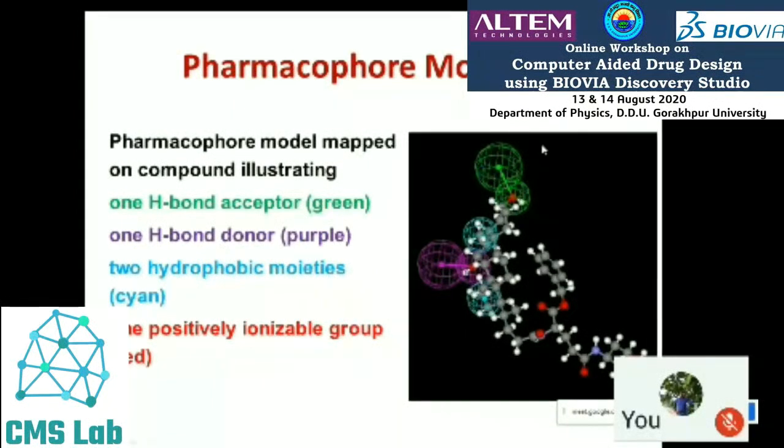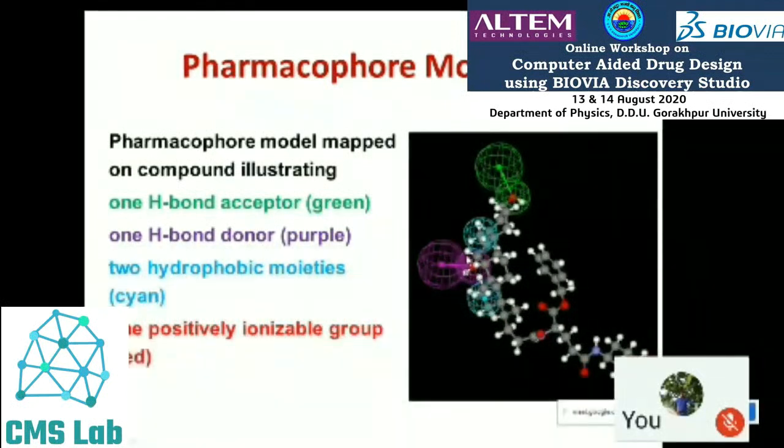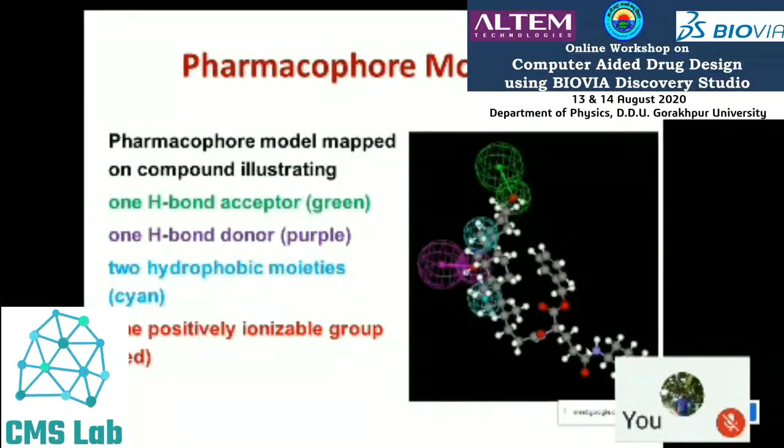If you see the pharmacophore here on the right-hand side, it has one hydrogen bond acceptor in green and one hydrogen bond donor in purple. It has two hydrophobic moieties and one positively ionizable charge group. So in ligand-based drug design, you can use QSAR modeling and pharmacophore modeling in order to identify potent molecules for a particular target.